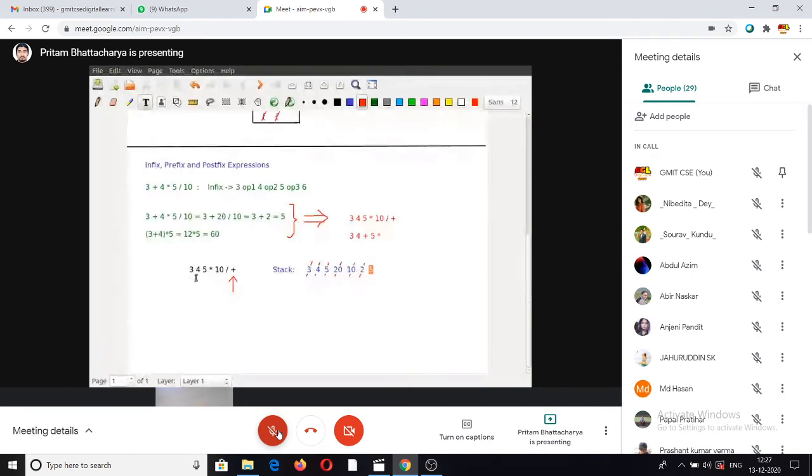The important thing is it does so in a single pass on the input. Here I just did one linear scan from 3 to the end, and that gave me the value just by using this data structure, the stack.